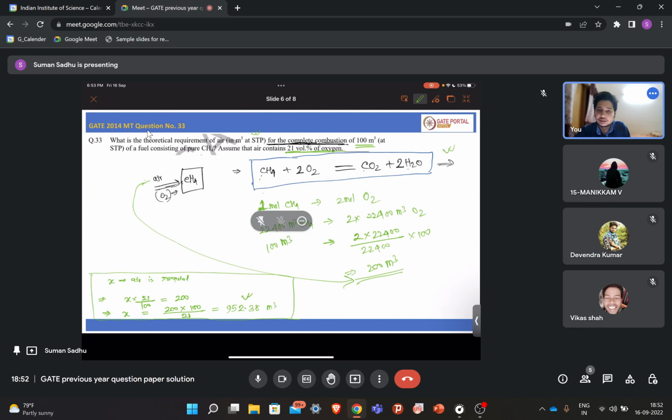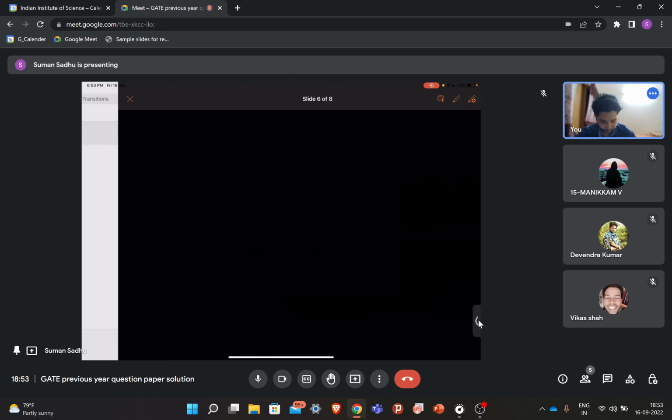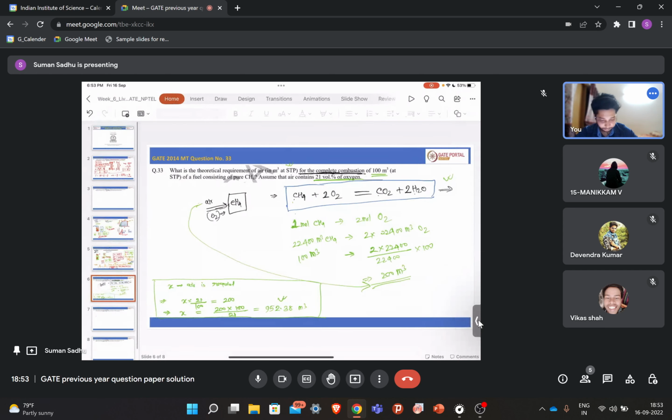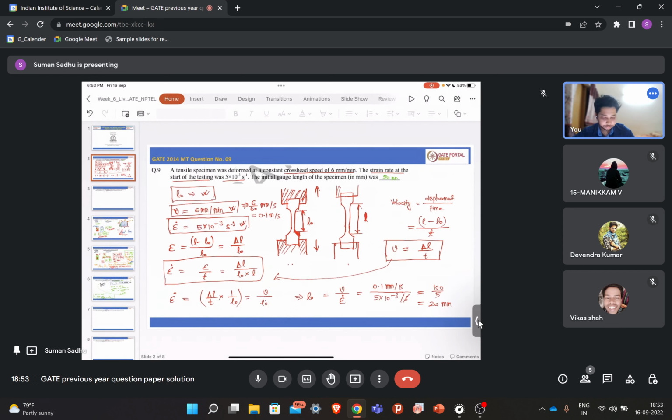Does anyone have any doubt on any of the questions solved today? Today we basically covered three simple questions. One is related to the tensile specimen deforming at a constant cross-head speed, where we had to find the initial gauge length L naught.